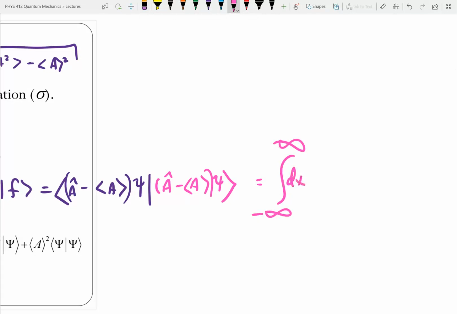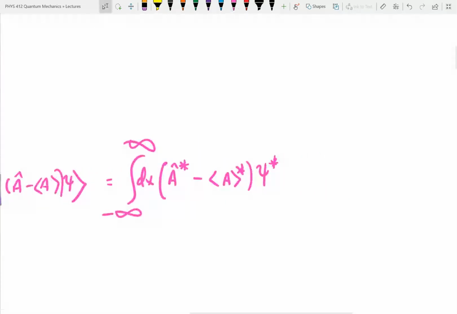I'll put the dx here at the beginning so I don't forget it at the end. I should have been consistent in my color coordination.